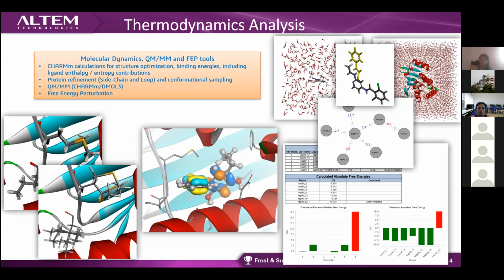Once you have refined the structure, you can go for the binding energy calculation, which can include enthalpy as well as entropy contributions too. And you can refine your protein based on side chain as well as loop or conformational sampling, and then QM as well as MM based on CHARMm as well as DMol3. And you can also calculate the free energy perturbation in molecular dynamics thermodynamics analysis.